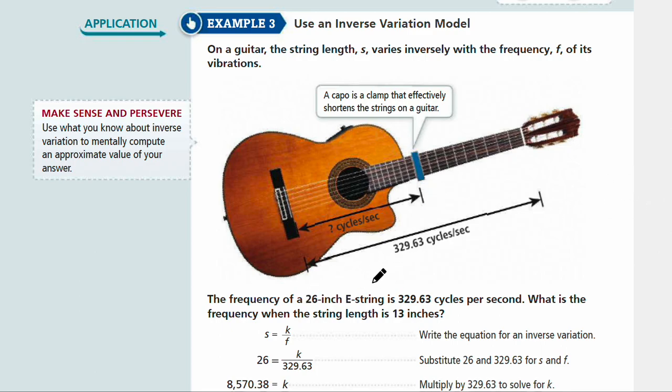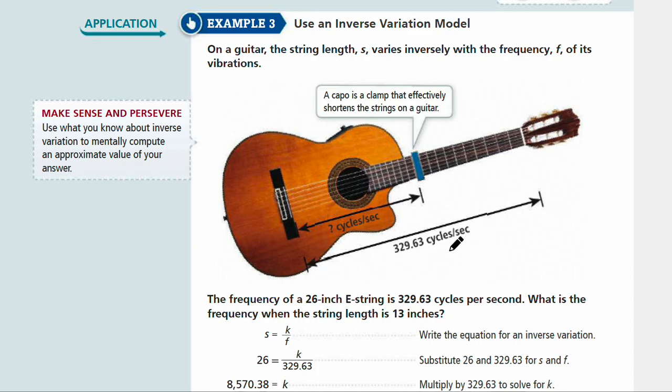The full string has a frequency of 329.63 cycles per second. But up to the capo, we don't know how many cycles per second it is. But the frequency of a 26-inch E string is this.